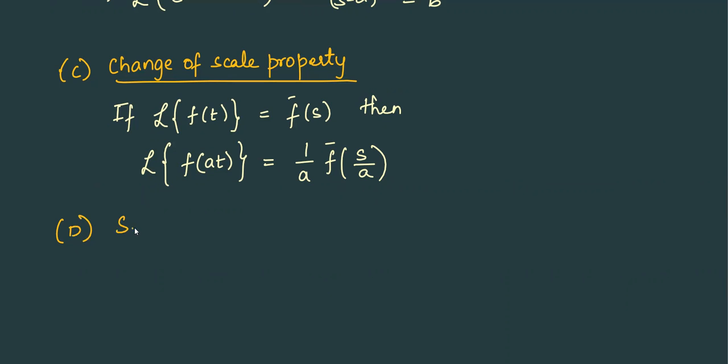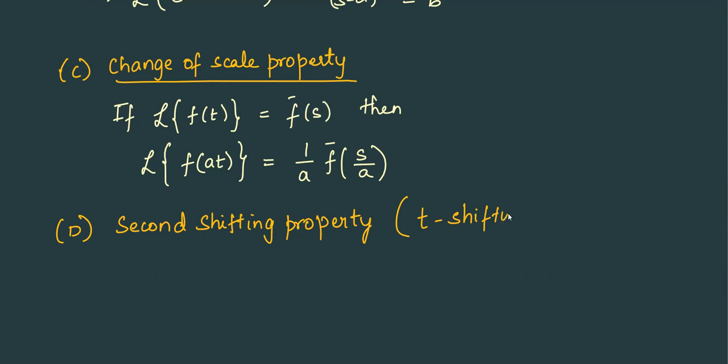Then we have the second shifting property. That was S shifting; this is called the T shifting property.